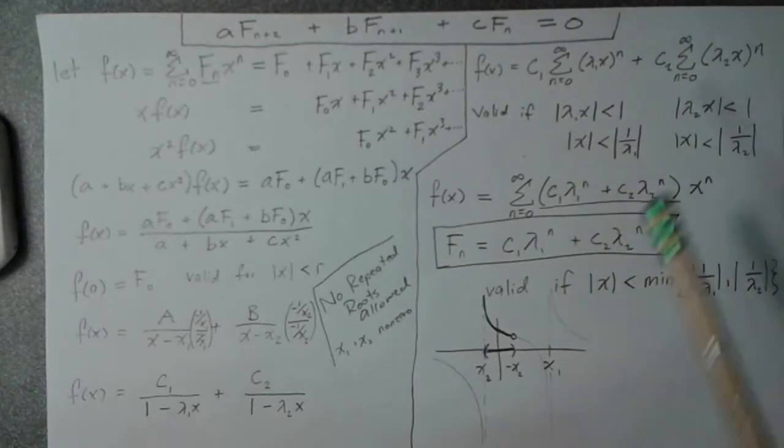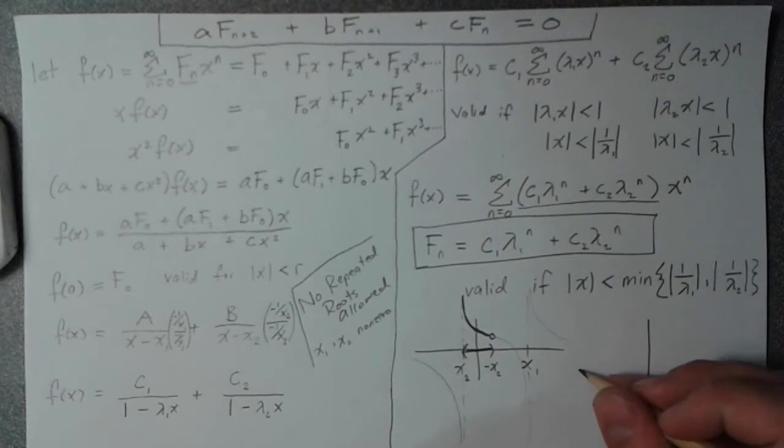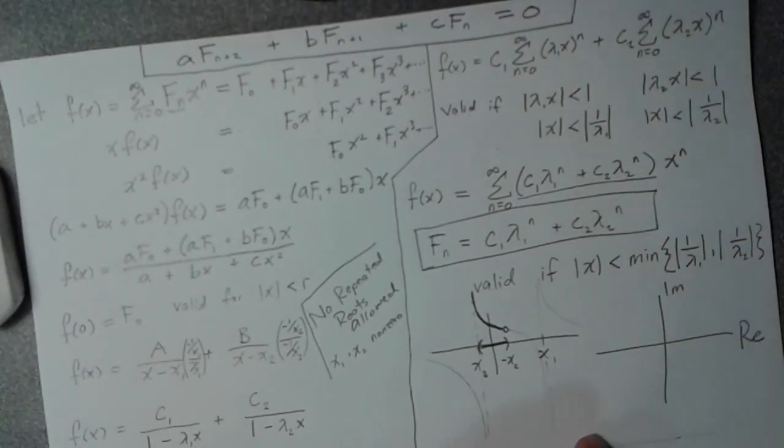These absolute value signs just represent the magnitude of a complex argument on the complex plane, the distance from the origin in the complex plane. So you could even draw a picture of the complex plane here to look at, at the very least, the domain of f of x. And what this would be is you're going to have your smaller of the roots here.